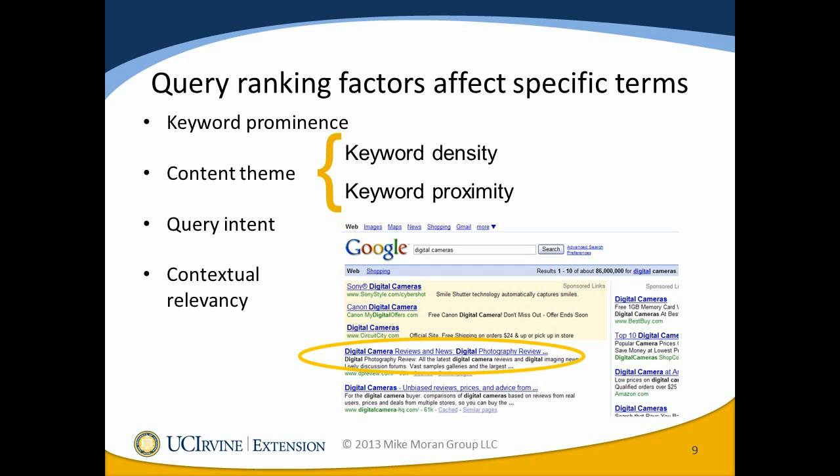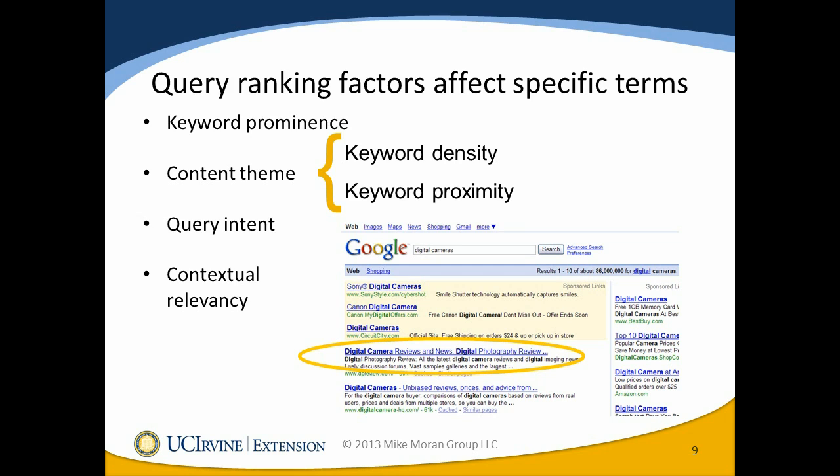Sometimes you'll hear this called latent semantic analysis, or LSA, or latent semantic indexing, LSI. What those things mean is that a statistical analysis shows that keywords on certain subjects tend to be on pages with other keywords related to those subjects. And that's really what the content theme is. So while keyword density and proximity are still important, there are also other factors where you need to use related words on the pages as well.